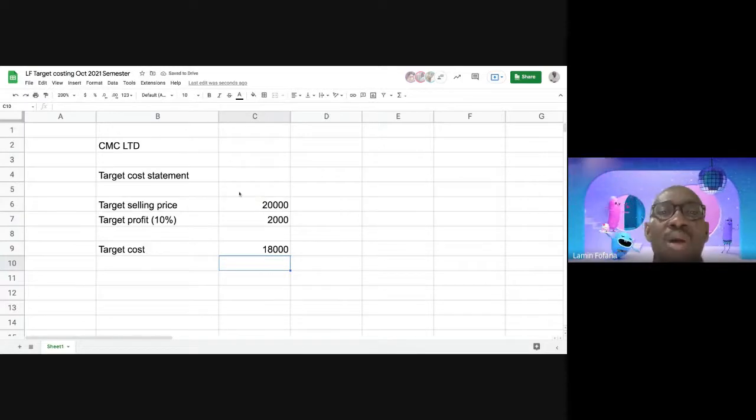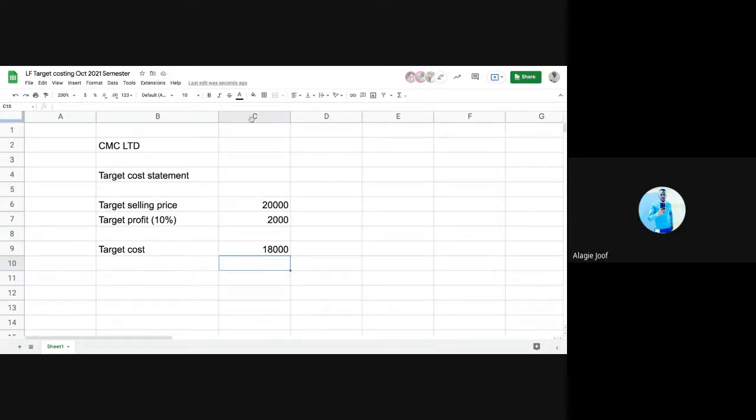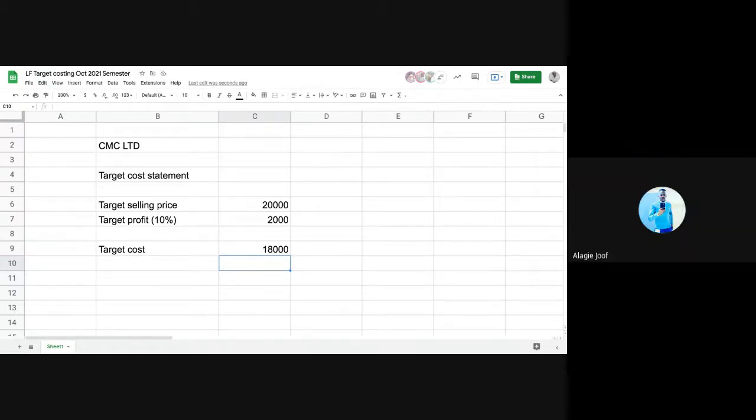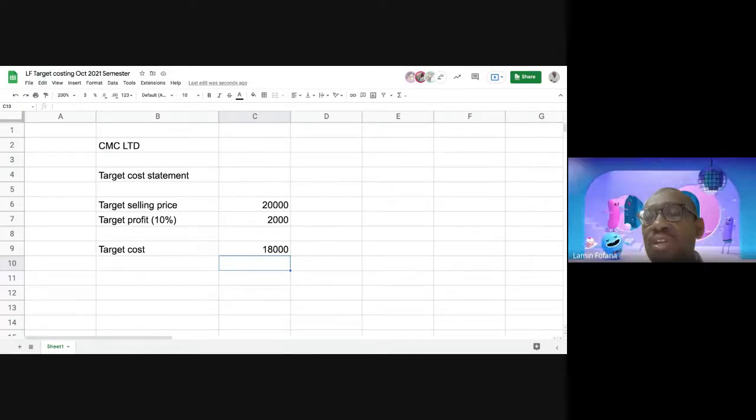So now how are we going to format this column C so that we can have 1,000 separator? Alaji Juf, how are we going to format column C so that we have 1,000 separator?